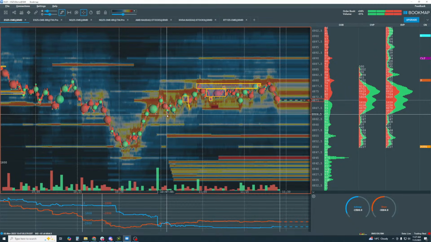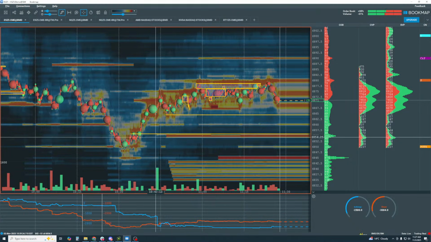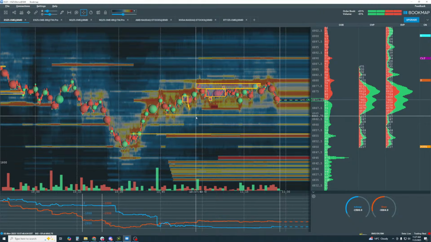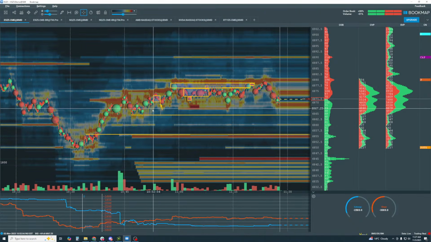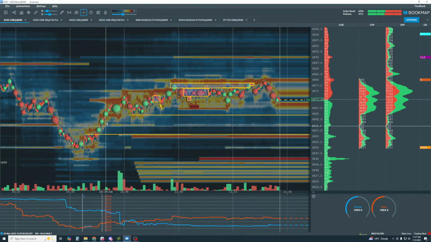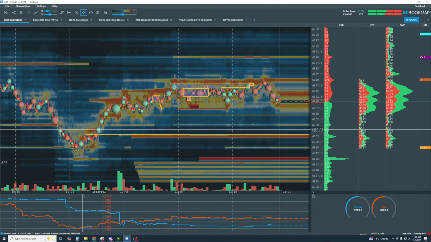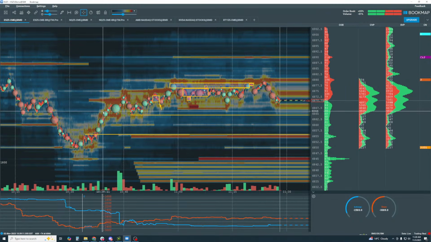So it would be looking for that, and then this one down here where this structure broke down. So you guys can kind of see what I'm talking about in here, about looking for pullbacks, etc. See the structure and see the break, and look where the buying came in. This is what we want to recognize.